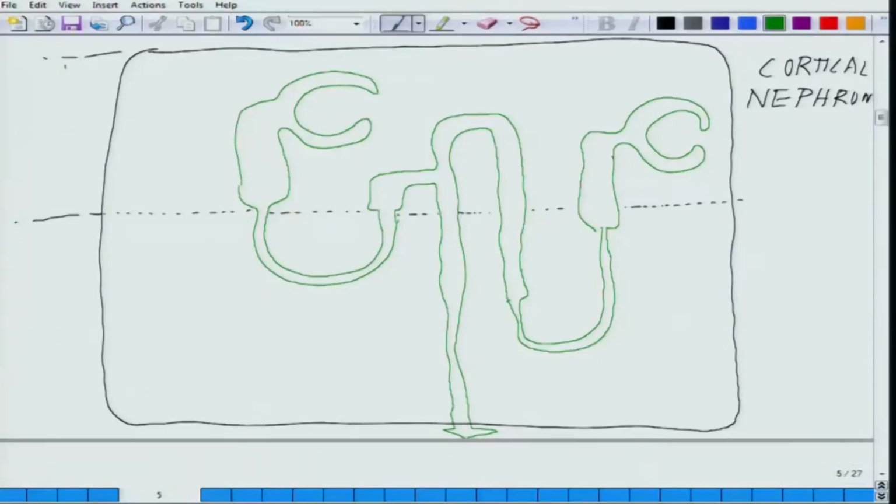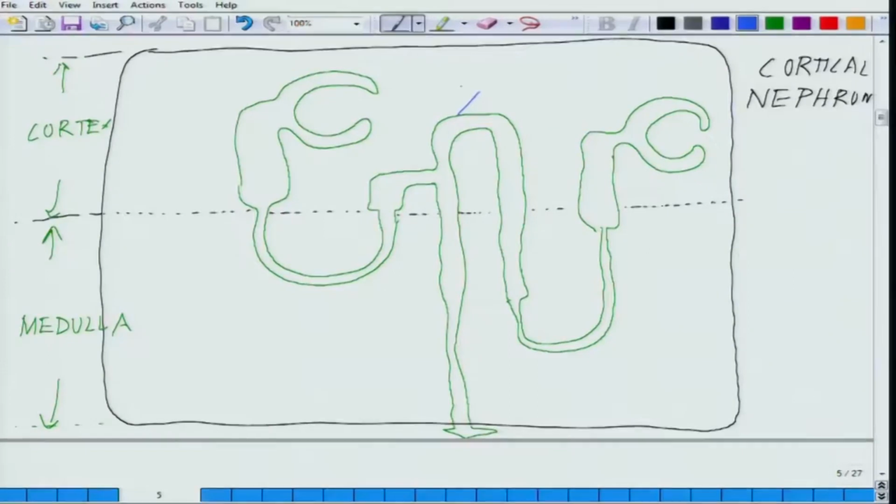So in this picture, this part is the cortical region, the cortex, and this part where it gets extended is called the medulla, where the tube is descending down.